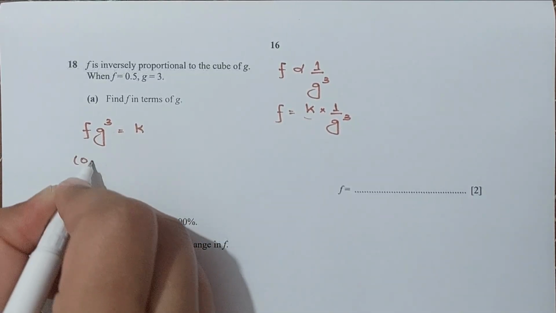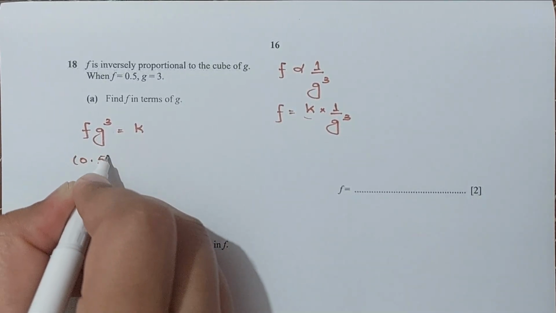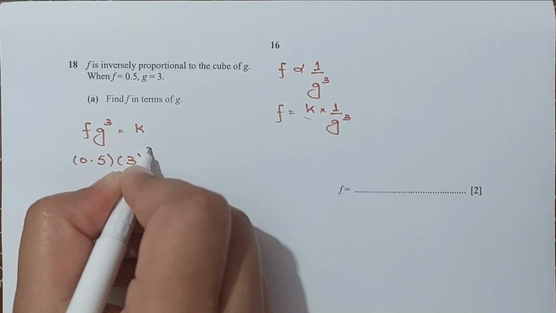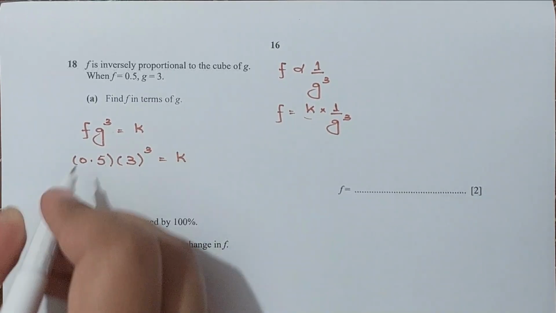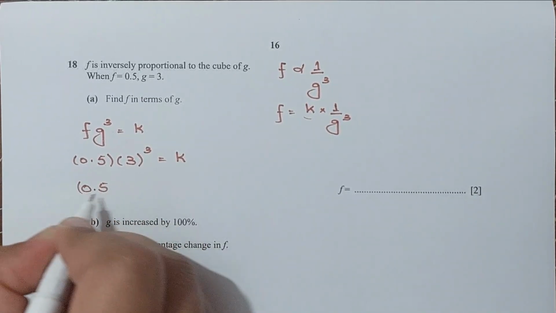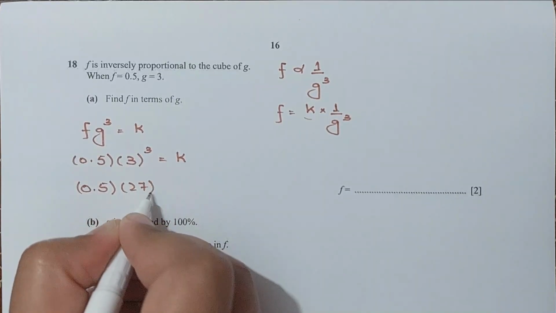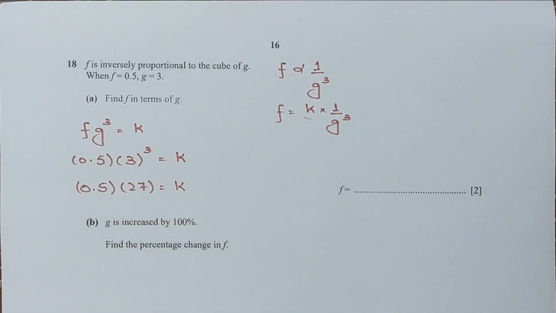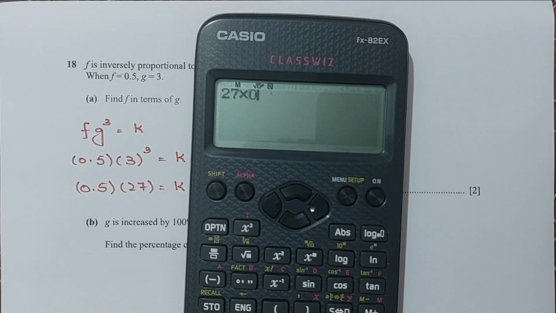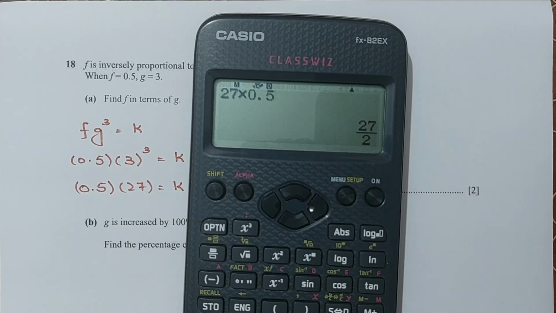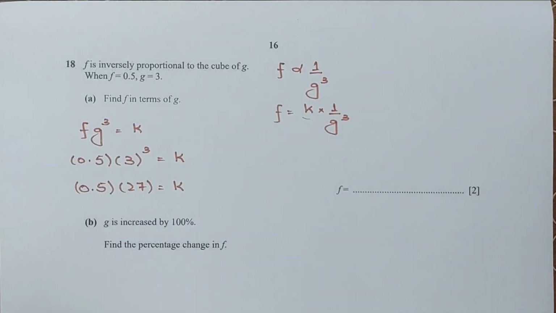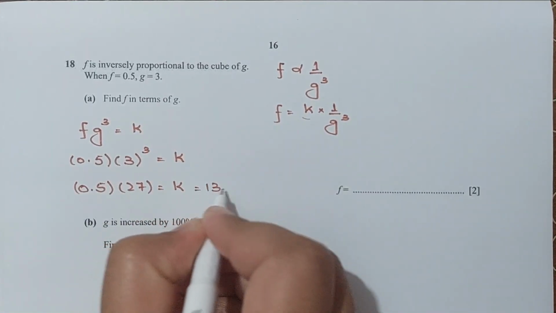So f value is 0.5 and g value is 3, its cube, you will get the k. This is 0.5 and we know that 3 cube is 27. What is 27 times 0.5? This is 13.5. K value is 13.5.